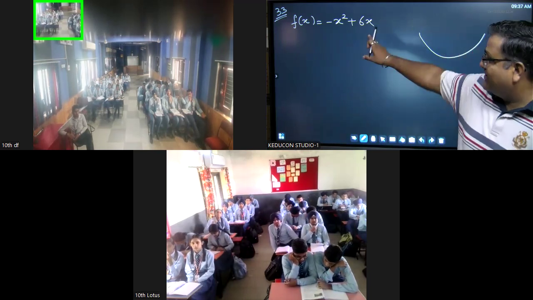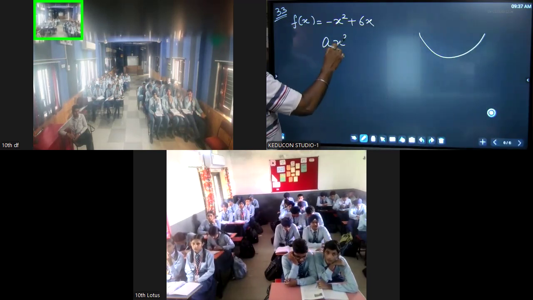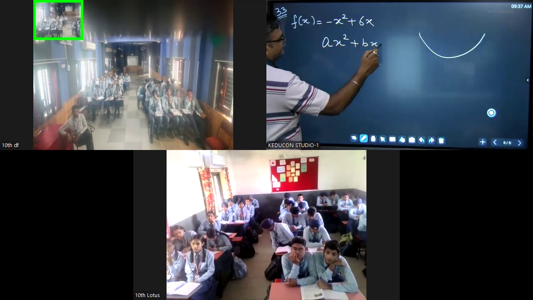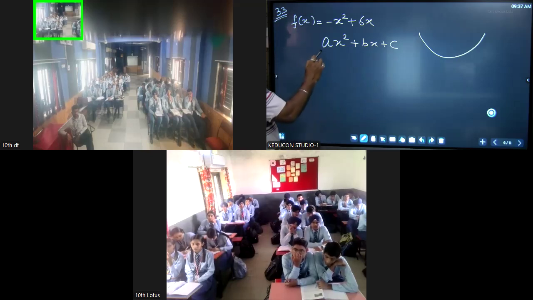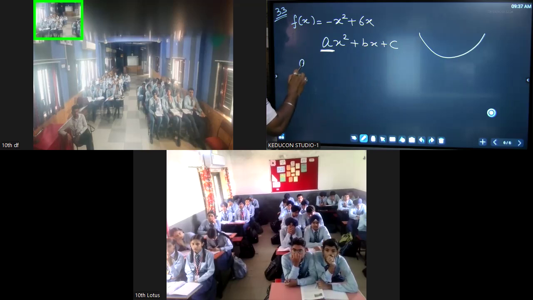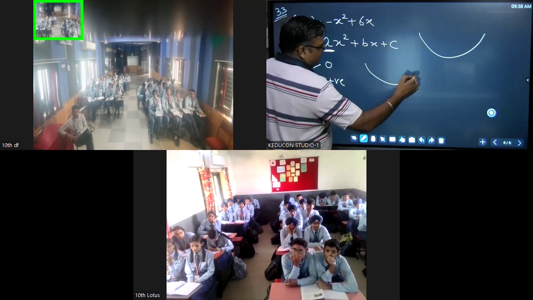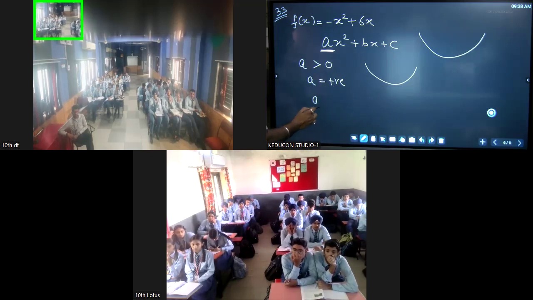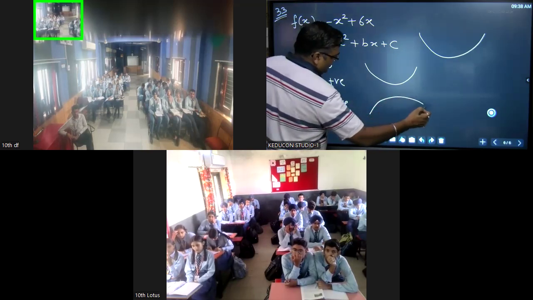Now, if you compare this with the standard equation, I have explained this earlier: if the coefficient of x square is greater than 0, means if a is positive, the shape of the graph is this. If a is negative, then the graph looks like this.